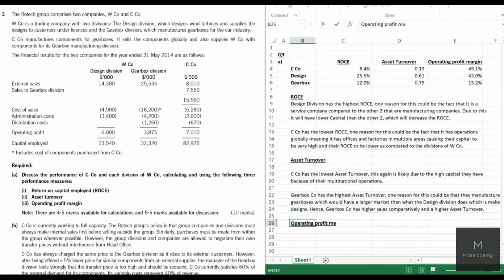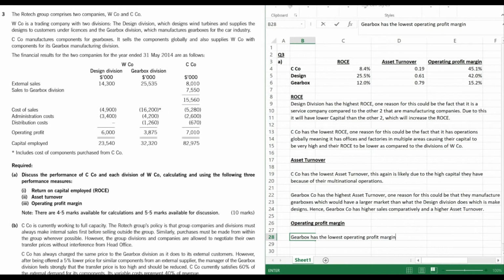Operating profit margin. So we're gonna say Gearbox has the lowest operating profit margin, even lower than that of Seco as well, right? This is likely due to the fact that it is purchasing components from Seco which are overpriced.